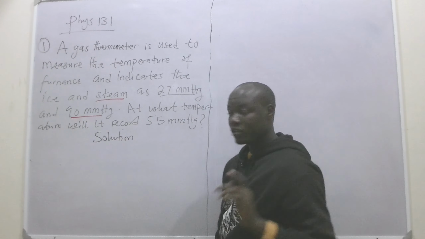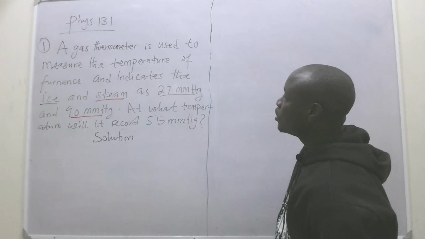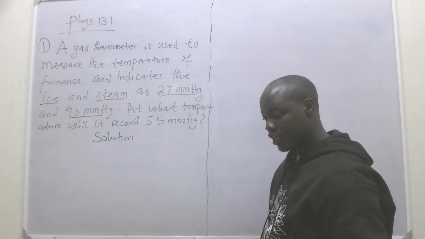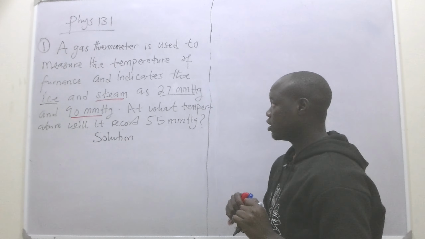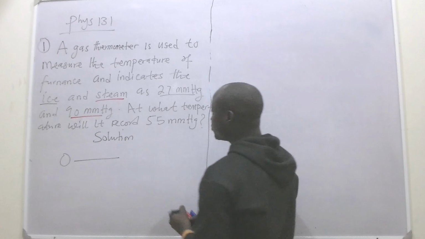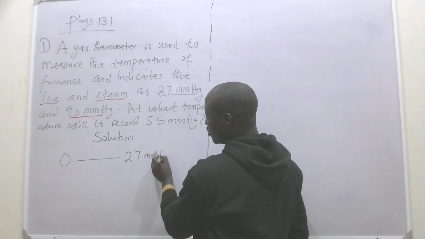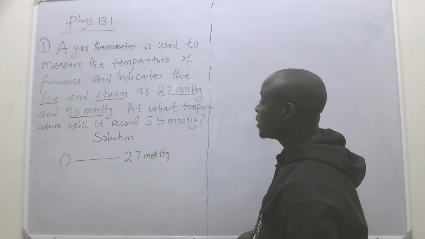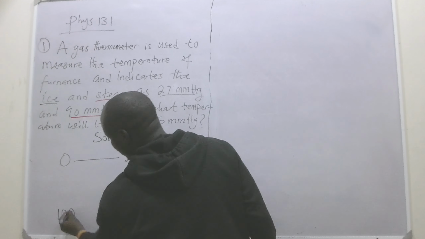Now, when we say something is ice, ice means something at 0 degrees centigrade. For water to become ice, it has to be at 0 degrees centigrade. So ice, which is 0 degrees centigrade, is equivalent to 27 millimeter of mercury. And then, of course, steam is always at 100 degrees centigrade.